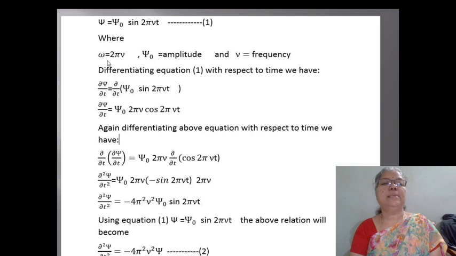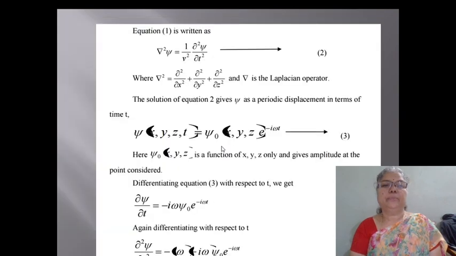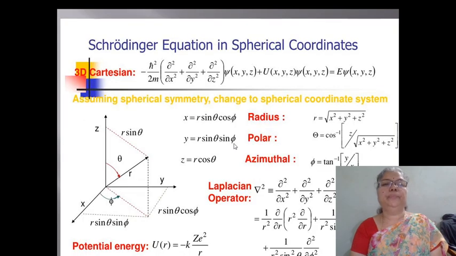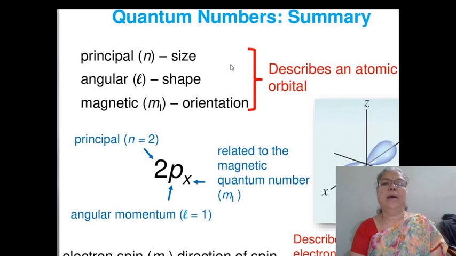If we replace omega equal to 2 pi nu and differentiate this equation, we get further equations that we will see later on. Then this is the Schrodinger equation in spherical coordinates, which we will see later, and the next point of your study is the quantum numbers.